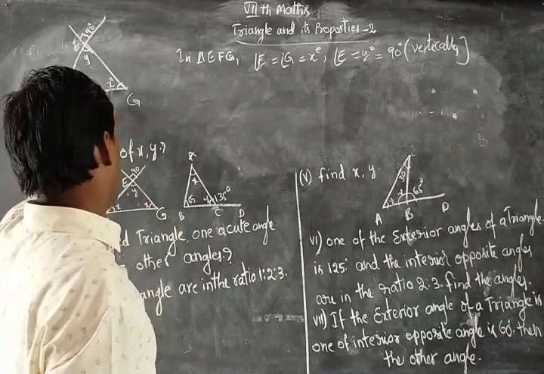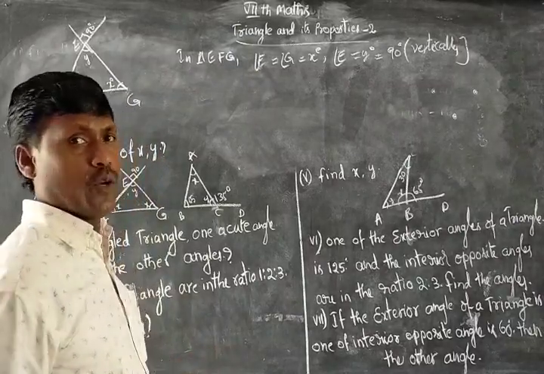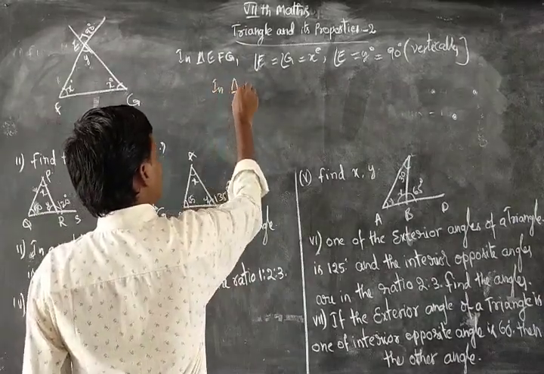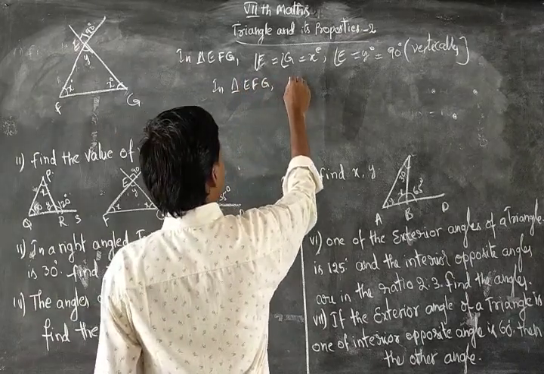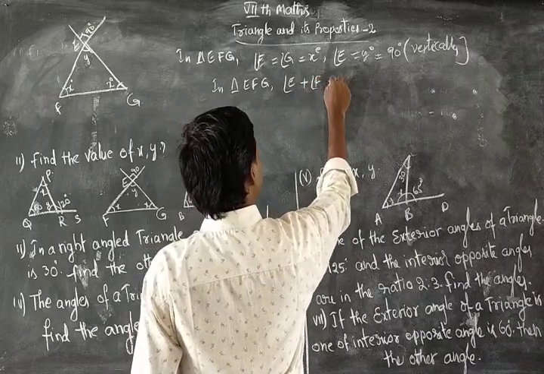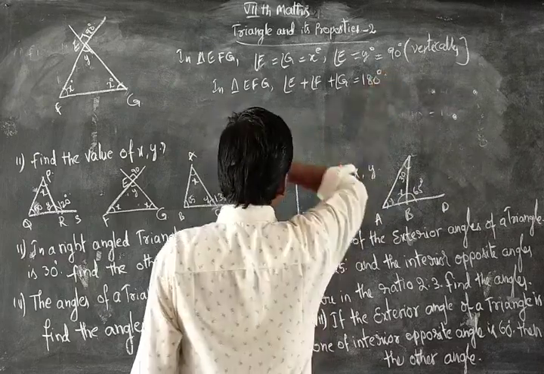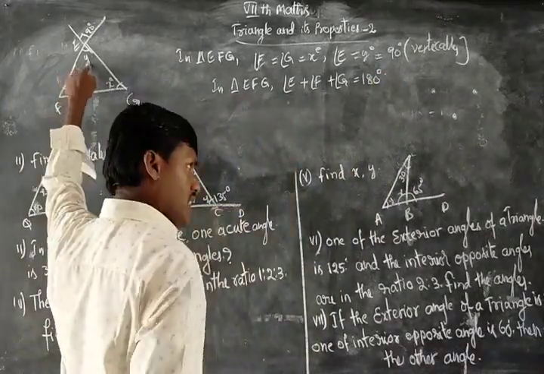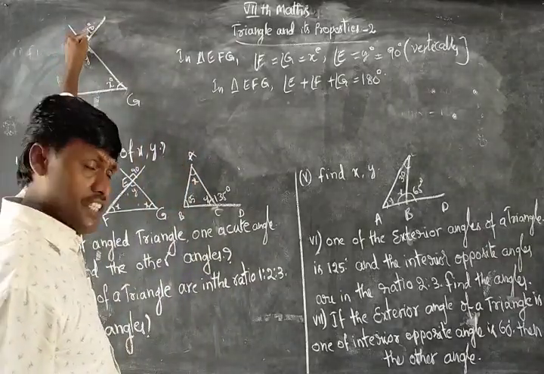We don't know the x value; we are trying to find that. We have to apply the angle sum property in this triangle. In triangle EFG, by the angle sum property, angle E plus angle F plus angle G is equal to 180 degrees. Angle E is 90, because we found that angle E is the vertically opposite angle of 90 degrees.